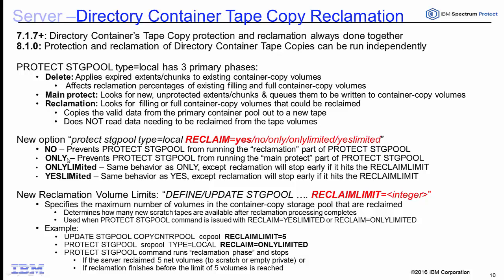You can specify only, which prevents the protect storage pool from running the main protect. You can do only limited, which has the same behavior as only, except the reclamation stops when it hits the reclaim limit. Or you can run yes limited, which has the same behavior as yes, except the reclamation will stop early if it hits the reclaim limit.